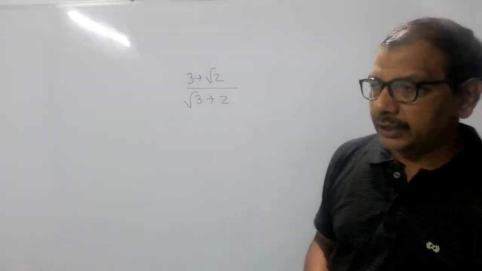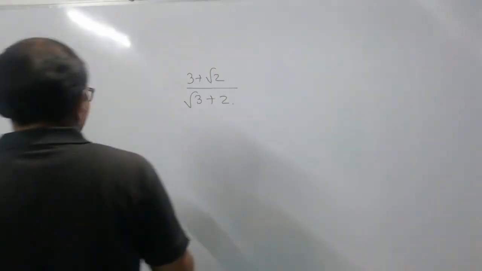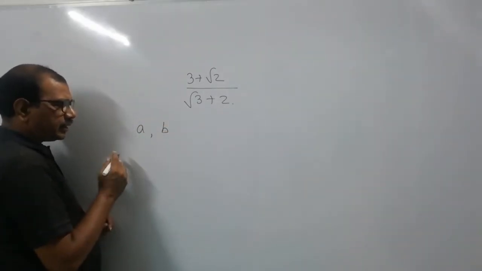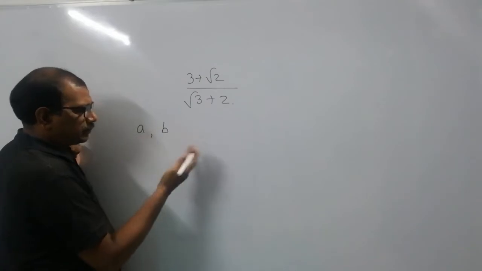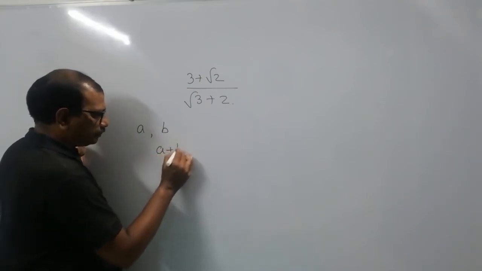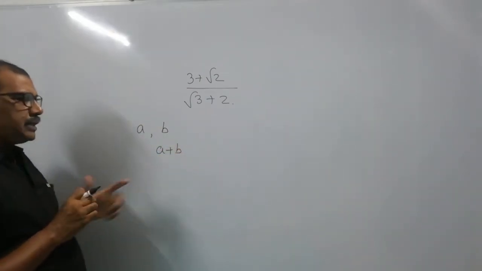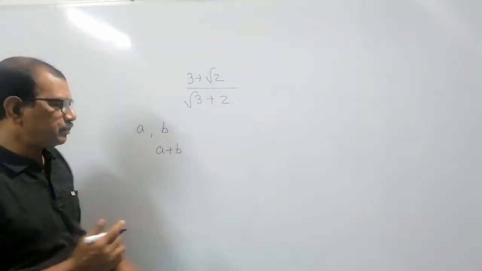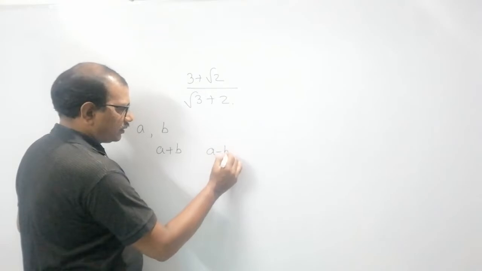Now what do you mean by conjugate? Suppose I have a and b as two real numbers, and they are separated by either plus or minus, say a plus b. So the conjugate of a plus b will be a minus b, right?